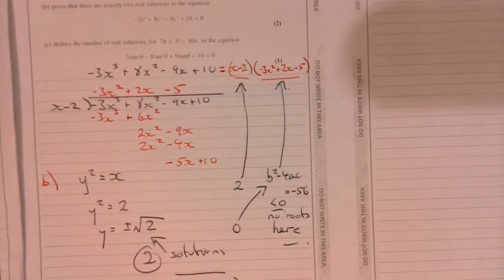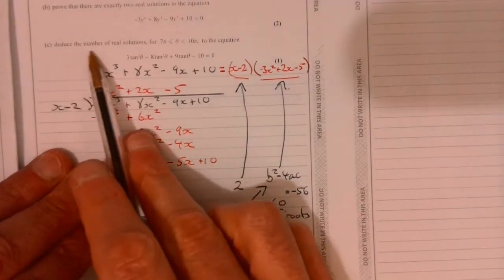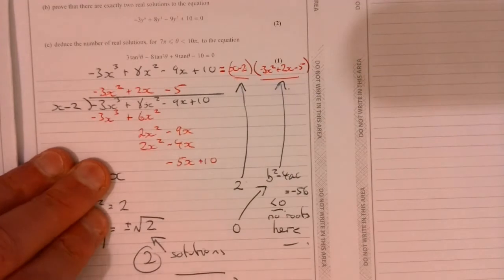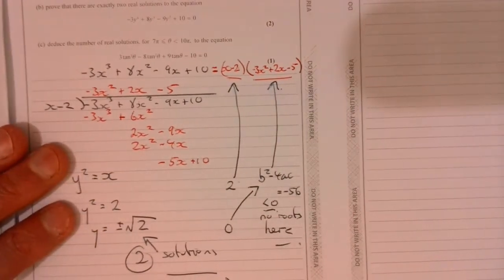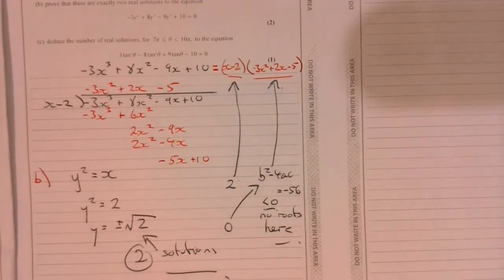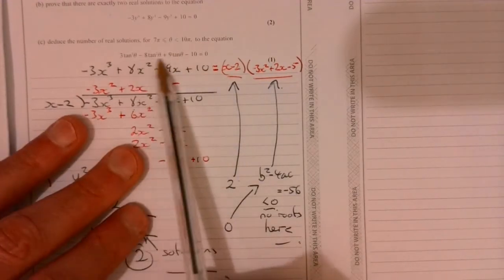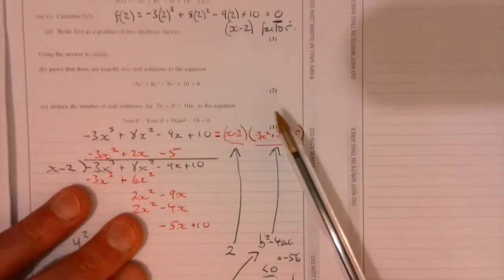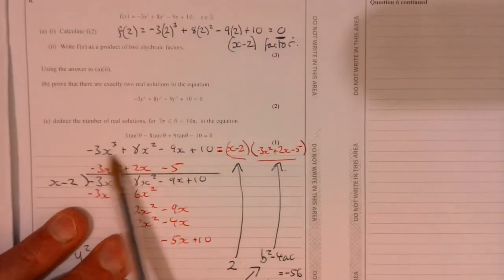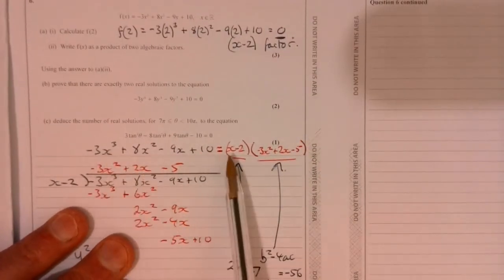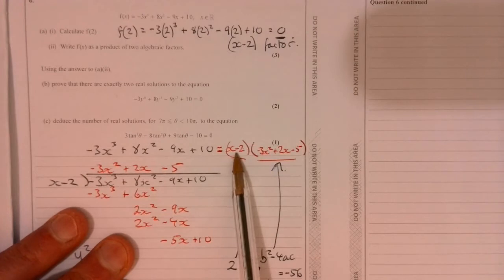Now, on part C, it says deduce the number of real solutions. Ooh, this looks a little bit tricky. However, there are clues within what we've got. Remember, this really is the same as this bit, and we know that there are only 2 solutions, and it's when x is equal to 2.